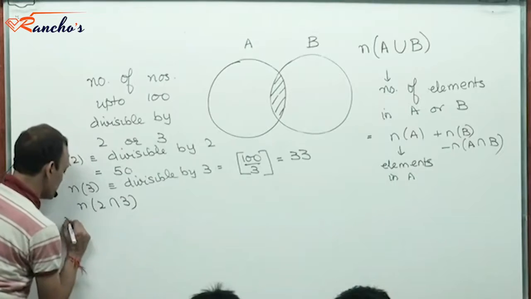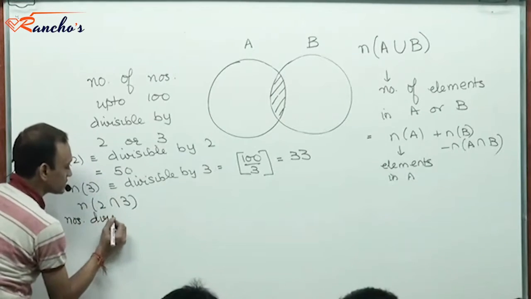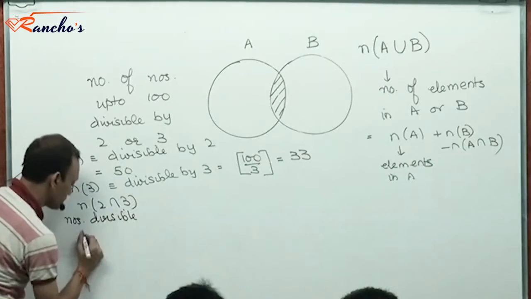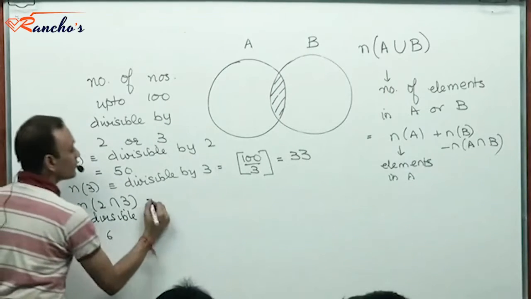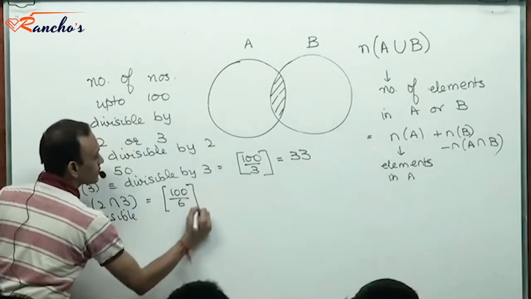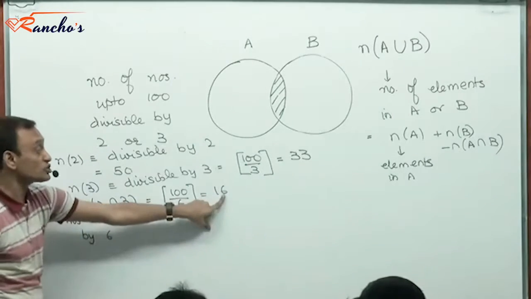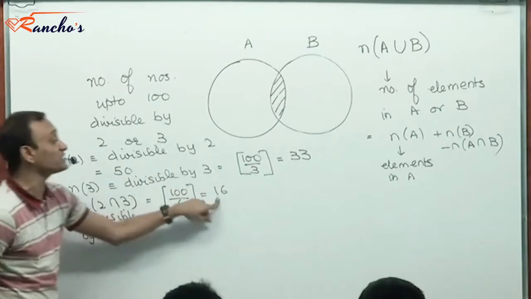These are the number of numbers divisible by 6, which would be the integer part of 100 by 6, which is 16. Right? These 16 numbers are included in this 50 as well as included here.